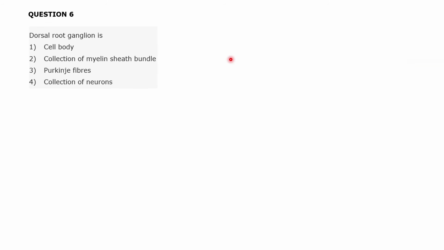Coming on to question number 6. Dorsal root ganglion: option 1, cell body; collection of myelin sheath bundle; Purkinje fibers; or collection of neurons. Which might be the answer? Dorsal root ganglion.